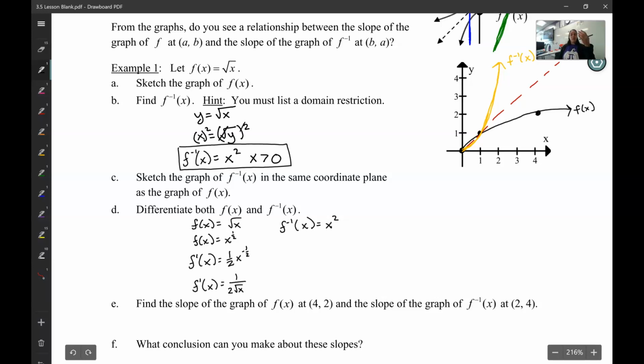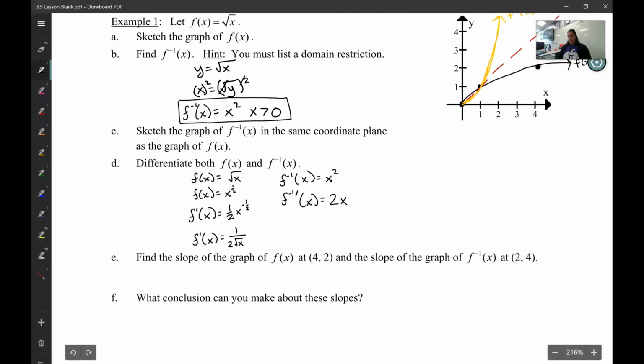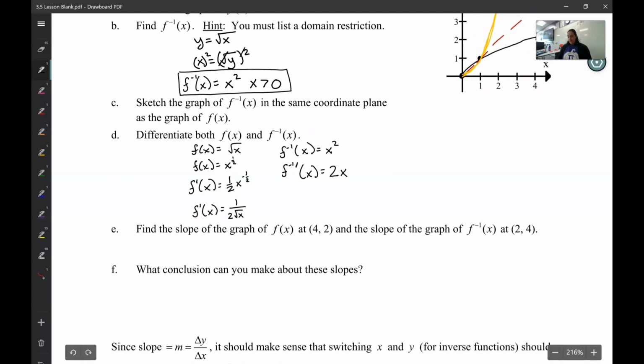Because that negative 1/2, bring it down to the denominator to make it positive, and then turn it back into a root. Now I'm going to take the derivative of the inverse, which is 2x. Okay, there's my derivatives.